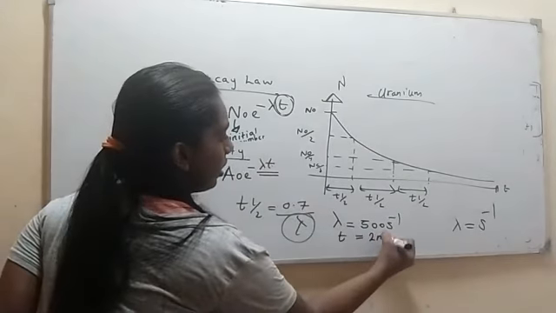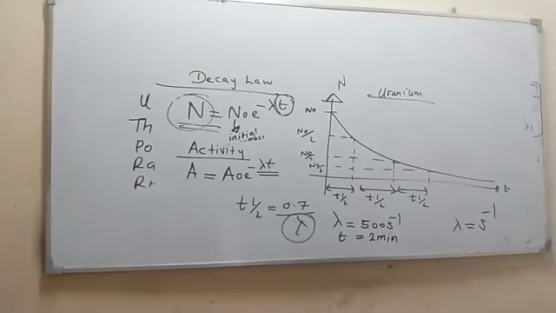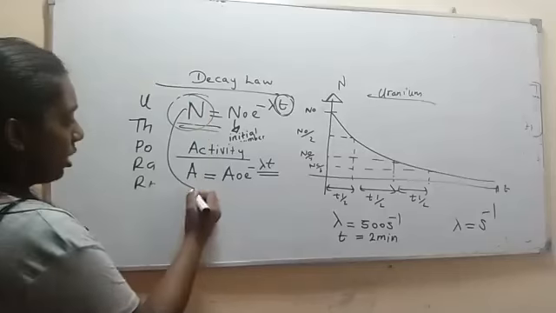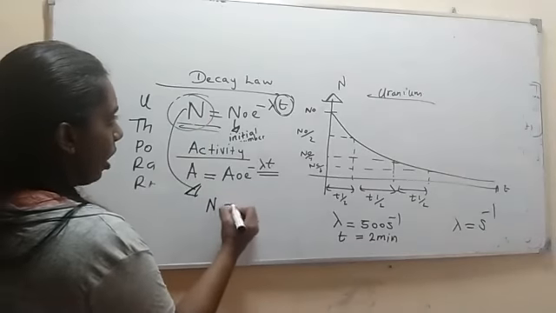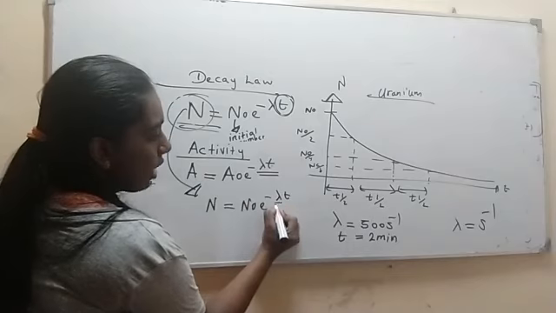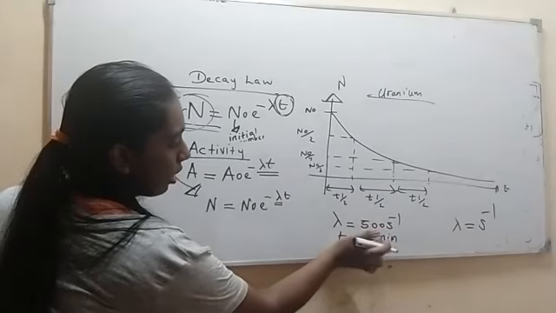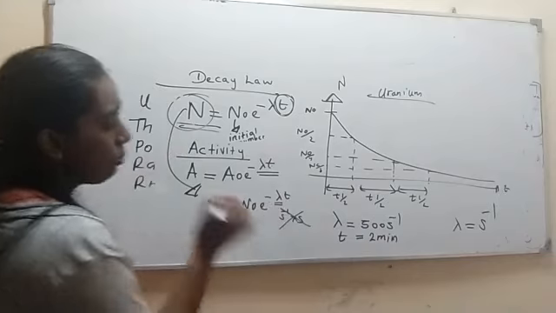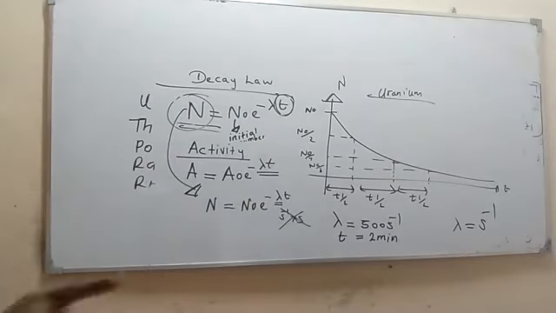If they give a calculation of 2 minutes, don't directly substitute 2 minutes. Be careful. Let's say you are substituting in a particular equation to find something: N is equal to N naught into e to the power minus lambda t. If they give lambda as 500 second minus 1, this t should be in seconds. Then only second minus 1 and second cancel off and the power doesn't have a unit.